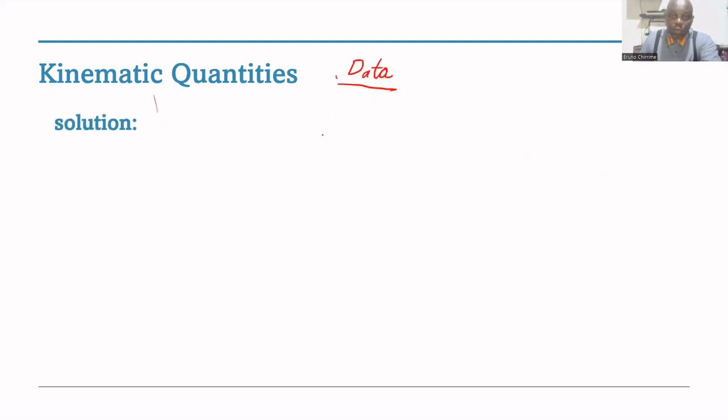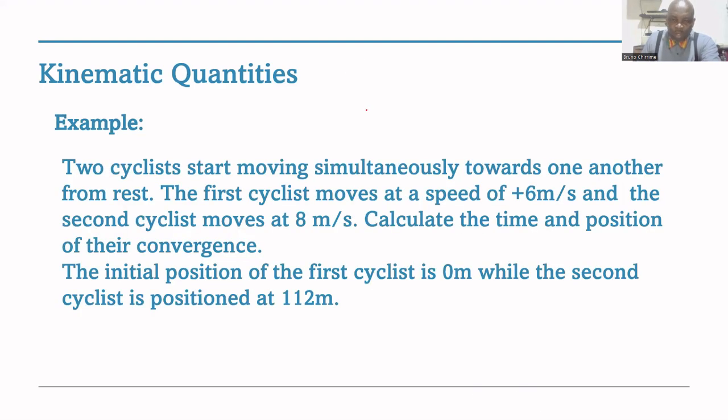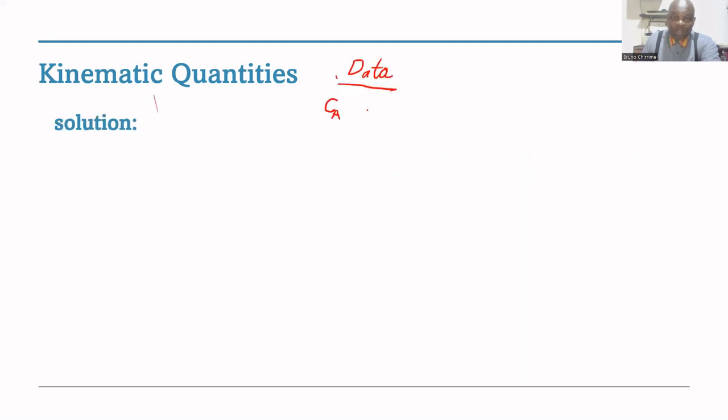We have cyclist A, and what we need is the velocity of cyclist A, which is plus 6 meters per second. And we also have cyclist B. What's the velocity of cyclist B?